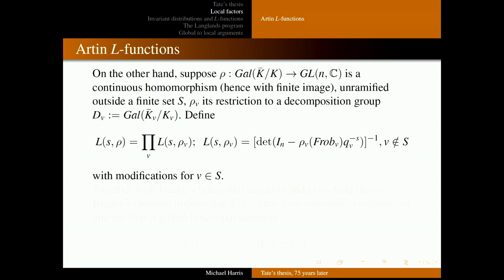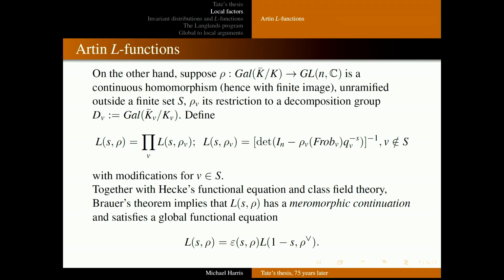Well, again, as practically everybody here knows, together with Hecke's functional equation in class field theory and Brauer's theorem on induced characters, we know that L(s, rho) has a meromorphic continuation and satisfies a global functional equation.